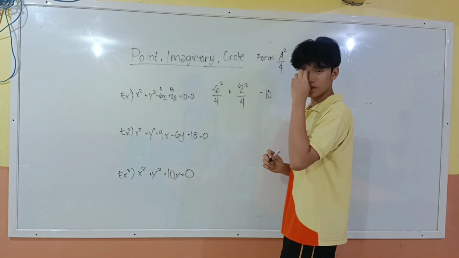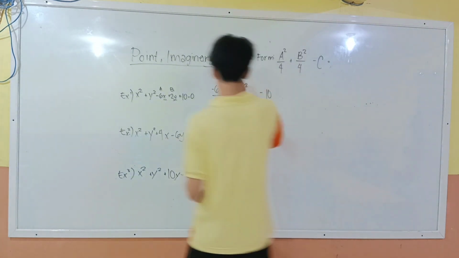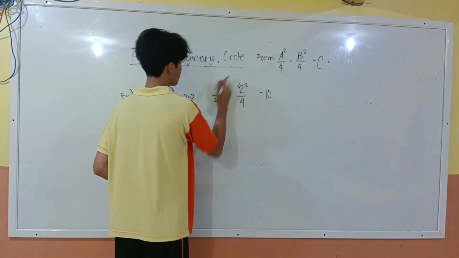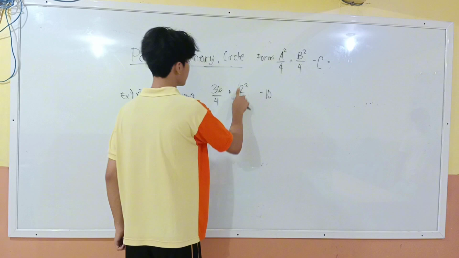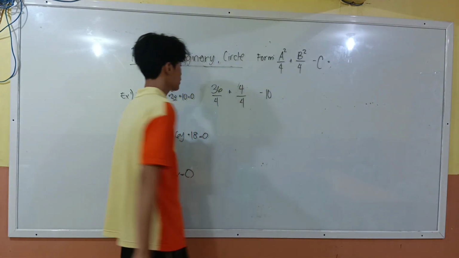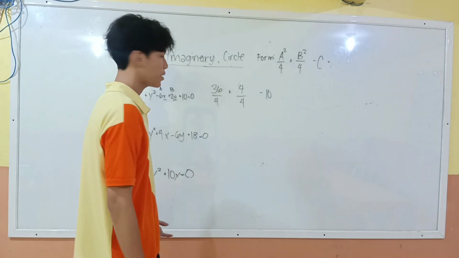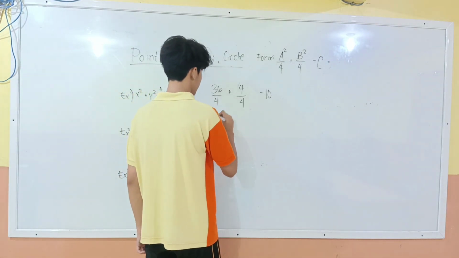Negative 6 squared, we will get the value 36. Then 2 squared, we get the value of 4. So 36 divided by 4, this would equal 9.